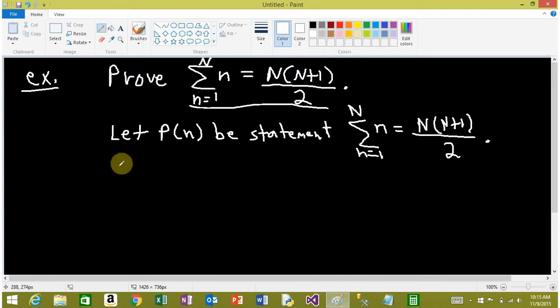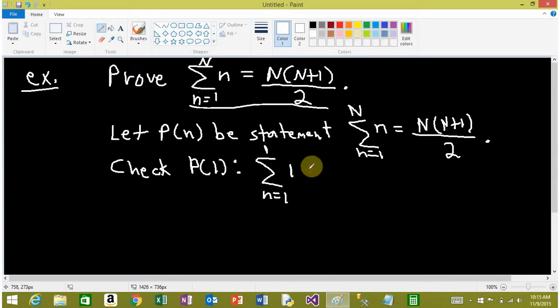And then we have to check that P of 1 is true. So check P of 1. The way we do that is we just plug in 1 for n, and see that it's true on both sides.